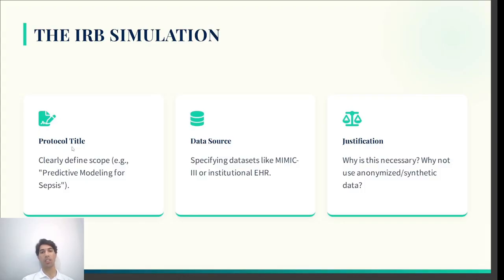Then we have to clearly specify our data sources. Where does our dataset come from? How did we collect our data? Then the justification of our research or project: why is it necessary, and why not use the traditional methods that are still in place? So this is the IRB simulation.